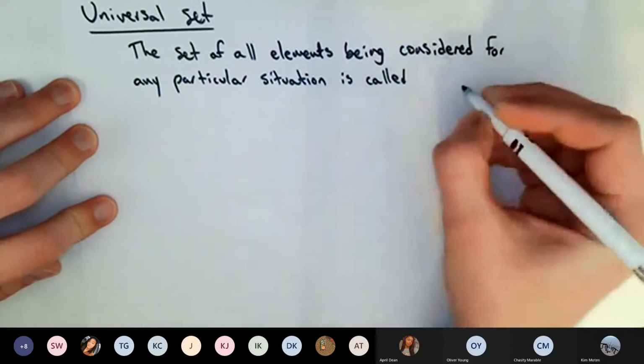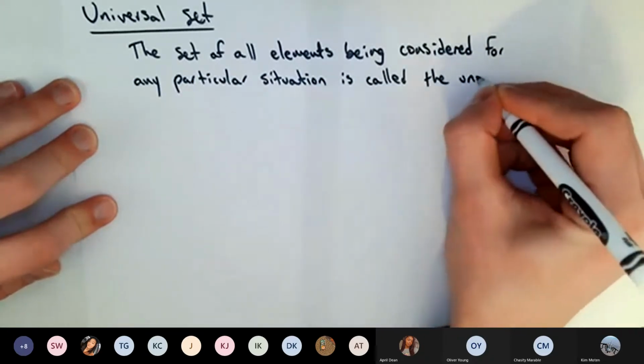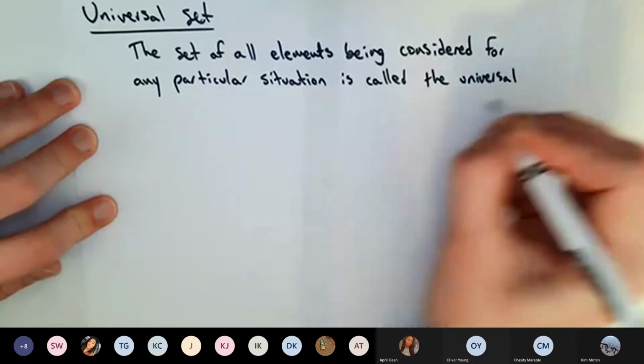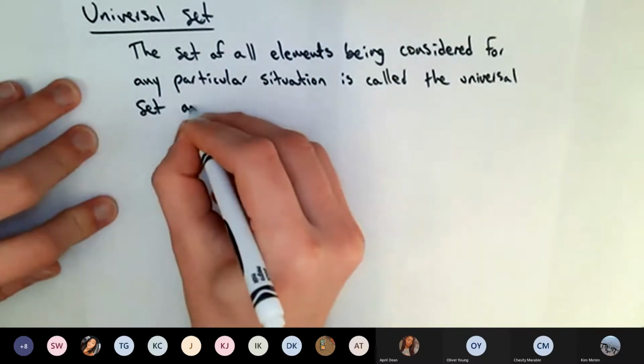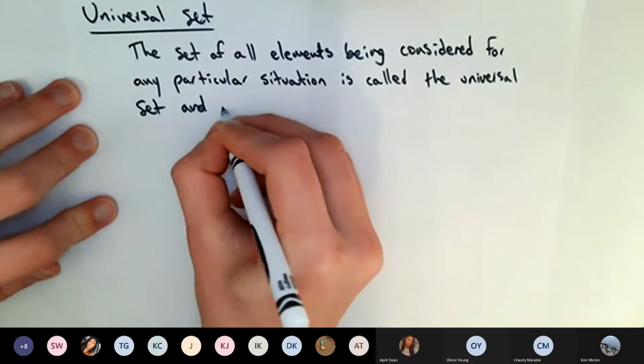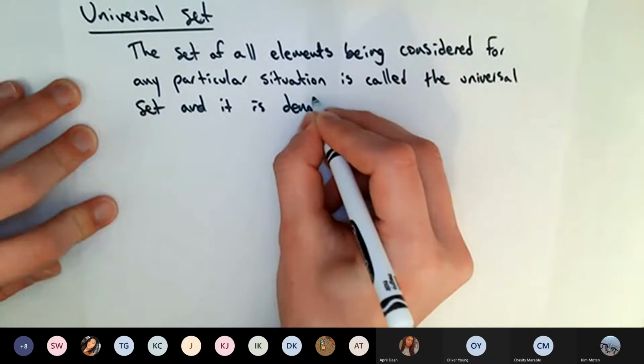It is called the universal set, and it's denoted by a capital U.